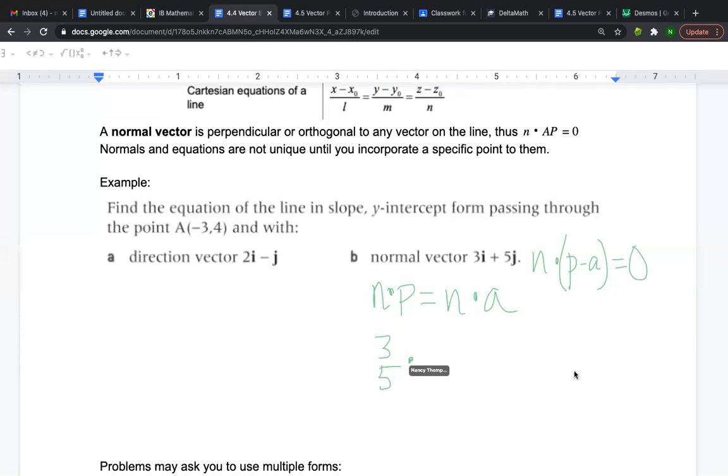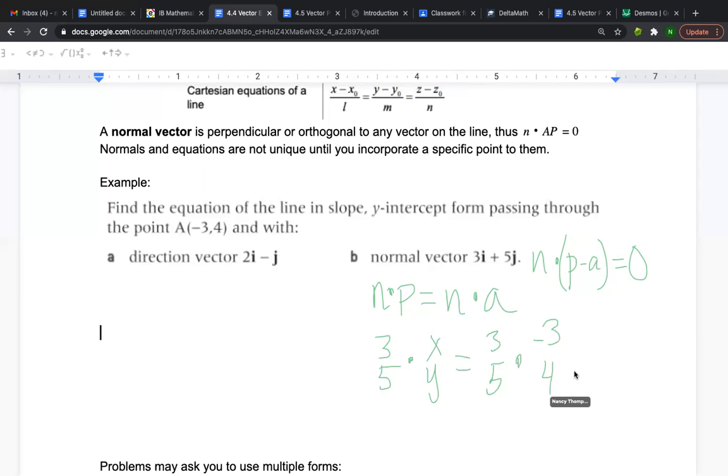Dot our point would be (x, y) is equal to 3, 5 dot -3, 4, which is our point that's given to us. I will one day stop trying to write that as a fraction.